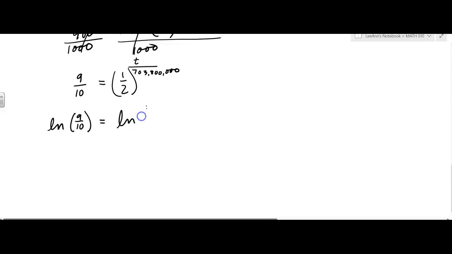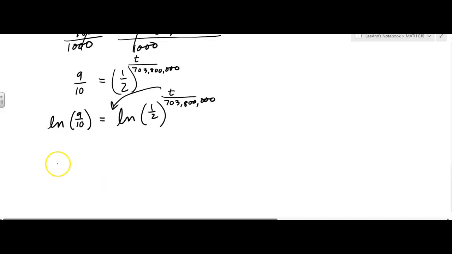I'm going to get rid of these fractions here in a minute. That long number. Okay, let's bring that exponent down in front of the natural log. And I'm going to change those fractions to decimals, so it'll be easier to put in the calculator. Oh, I forgot to bring it down. Okay.